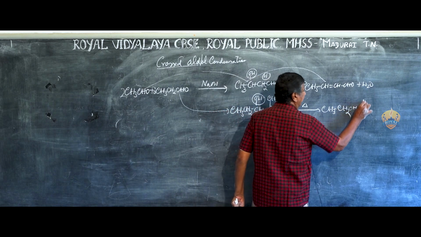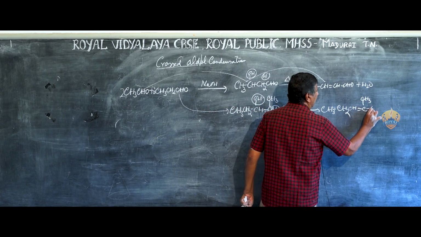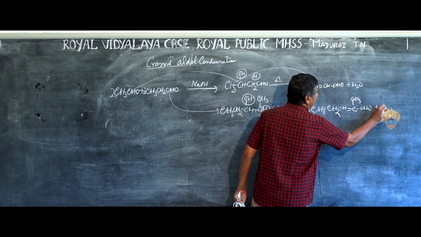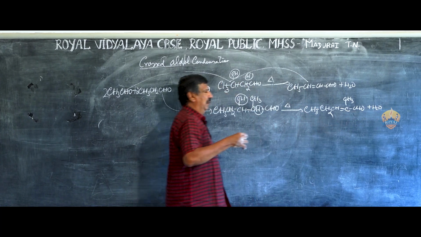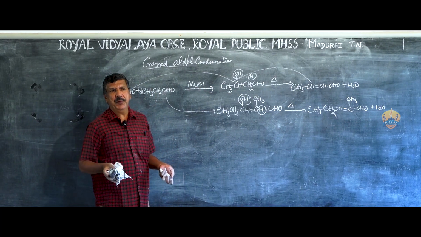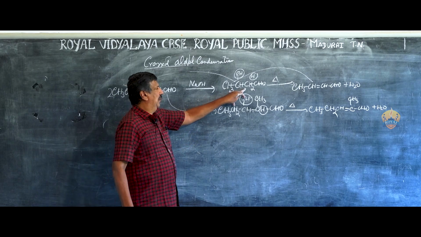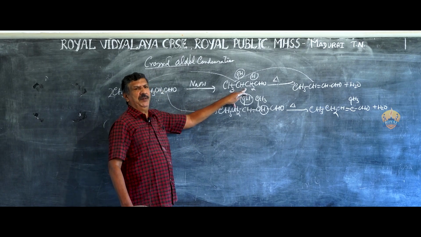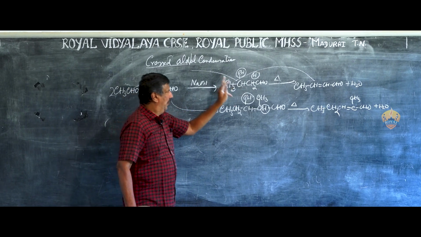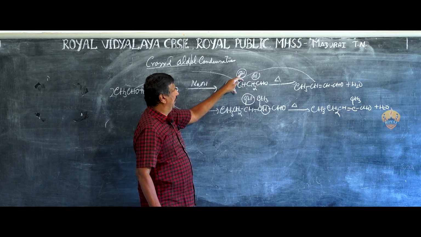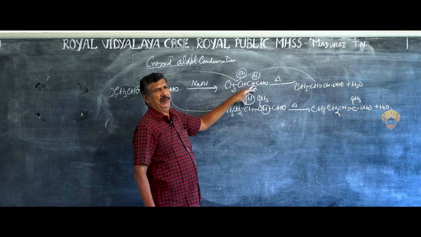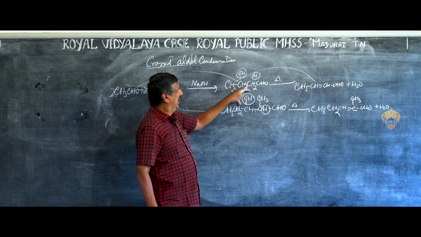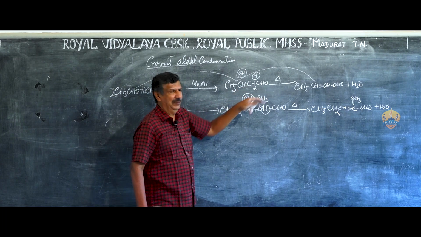That's all. Again, I am going to repeat this one. This is aldol. You can write from the skeleton form. You can remove water, OH from this one and H from this one. Create a double bond. That's all.